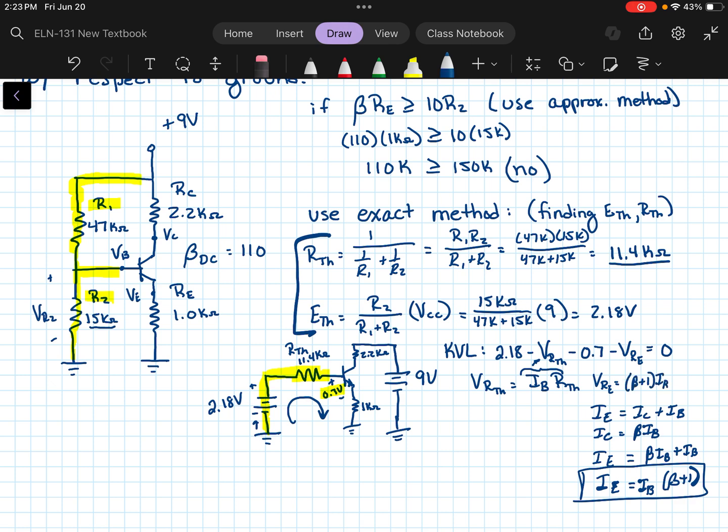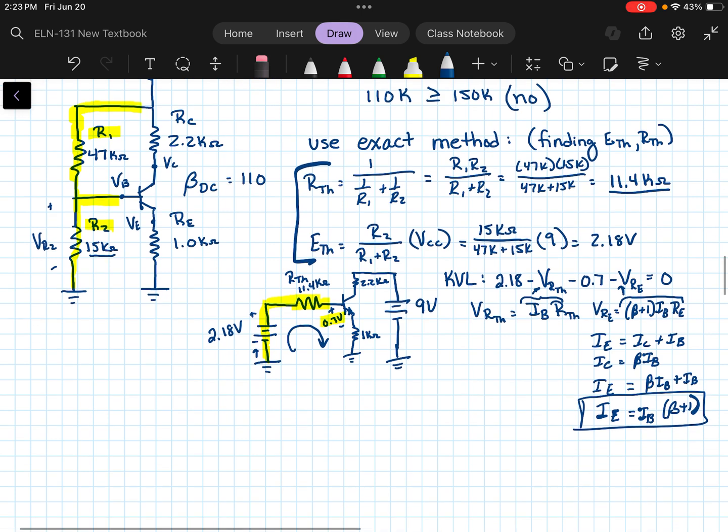Beta plus 1 IB times RE, and I'm going to substitute this into here. What that does is let me solve for IB, because that's going to be the only unknown I have. You can work with this a little bit on your own if you want.